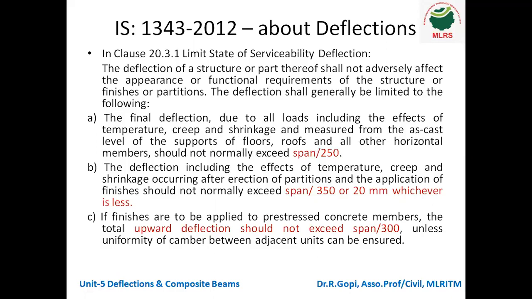Normally we measure deflection in mm. The maximum deflection, that means the final deflection, is the summation of short-term as well as long-term deflection, and it is limited to span by 250.